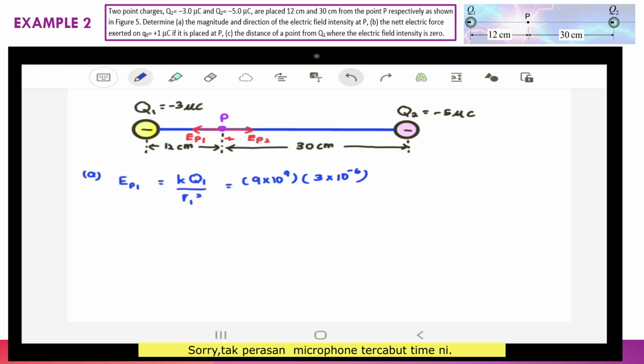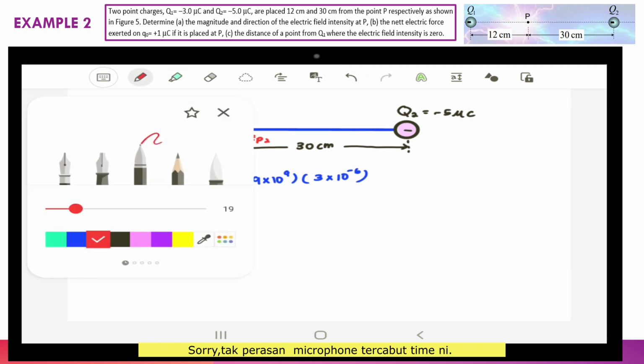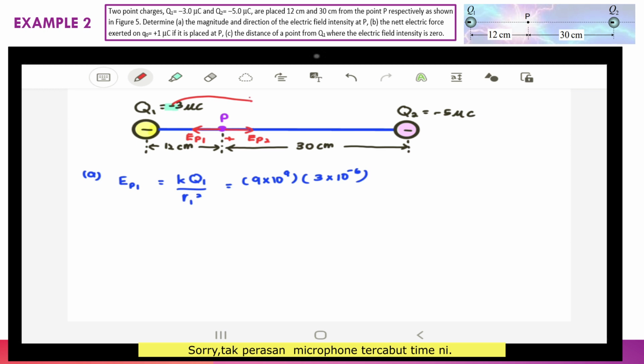Ignore the negative sign in your calculation. So you can see here, no negative sign in your calculation.